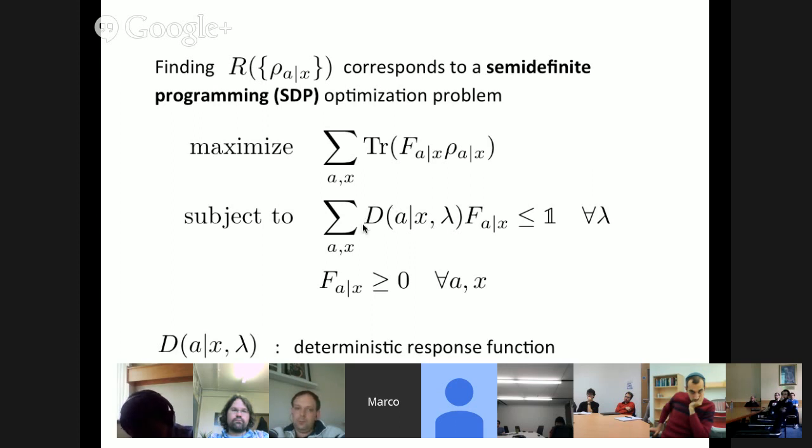These d here are some coefficients that are given by a deterministic response function, and this lambda here is an identifier of the deterministic response function. I'm going to try to argue in the next slide or two where this comes from, but the idea is that this part bounds the value that we can achieve for this combination in the case of unsteerable assemblages.